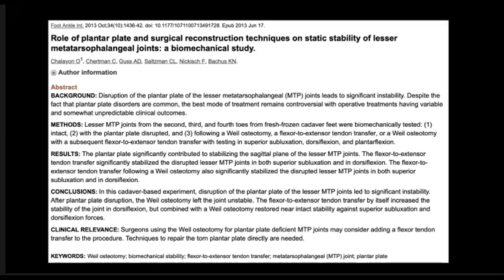And so I encourage you to consider adding this procedure to your MPJ pathology. I do find it to be very beneficial, and it really does help to correct a lot of the deformities that you may be suffering with.